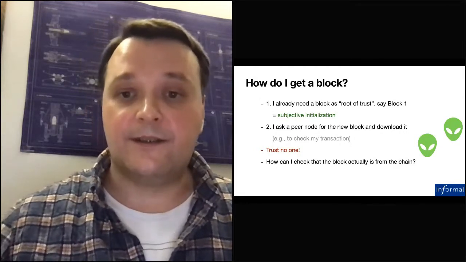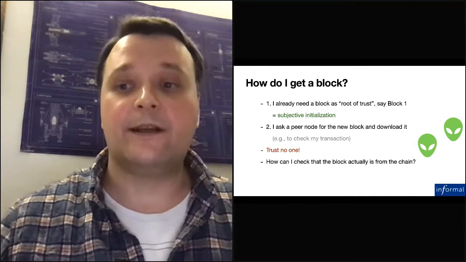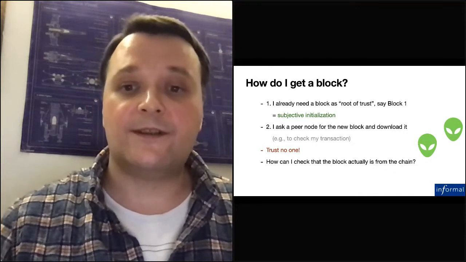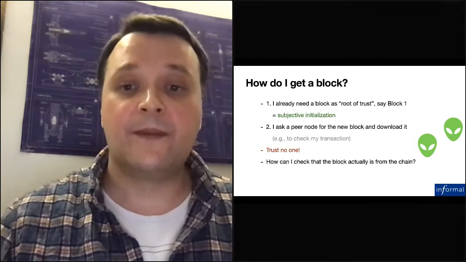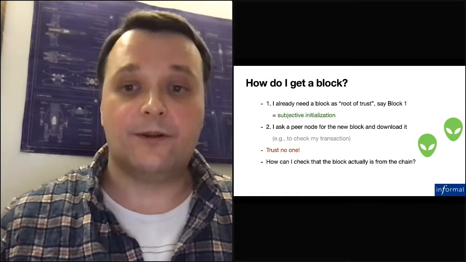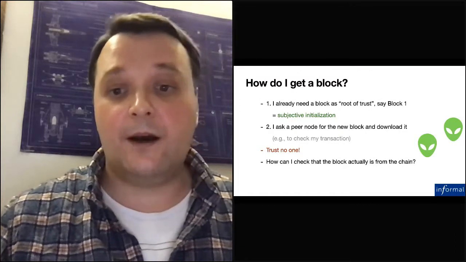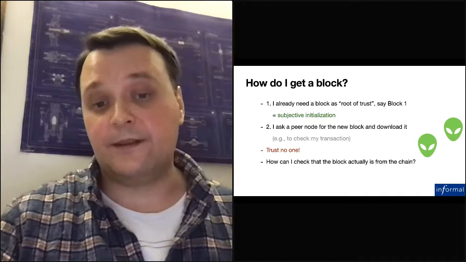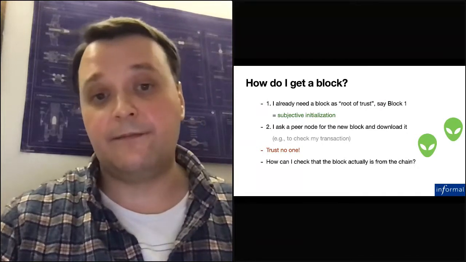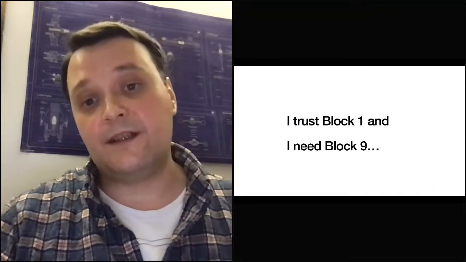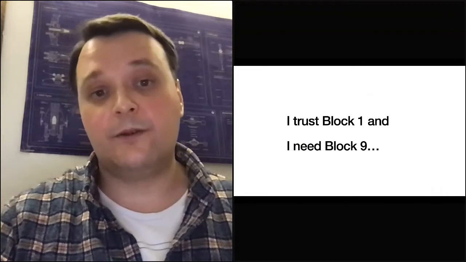But can I trust this new block? Of course not, because there can be Byzantine processes, validators, and I have to figure out whether this block is actually correct or not. How do I check that the block is actually coming from the chain? For instance, if I trust block 1 and I need block 9, what do I do?